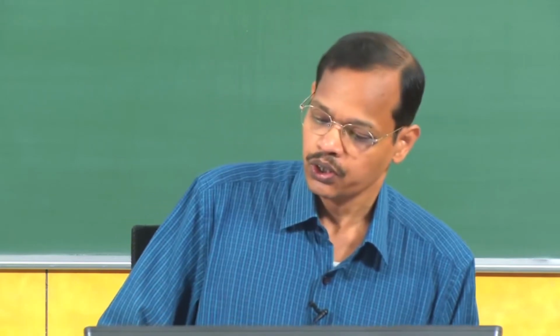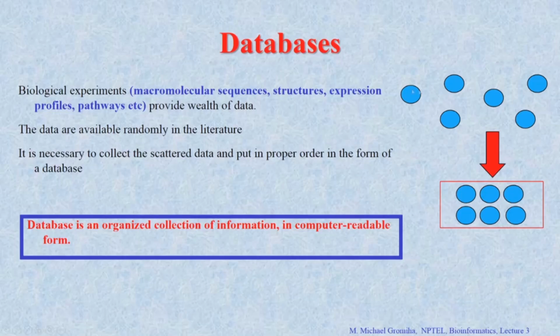If you have a database with the collection of data in one place, then it is easy to extract the data and use it for the analysis or the development of any servers. Here it is scattered in the literature, so you put it in an ordered form. A few years ago they put it together in the form of a book. For example, for thermodynamic data, they collected more than 22,000 data and published a book.